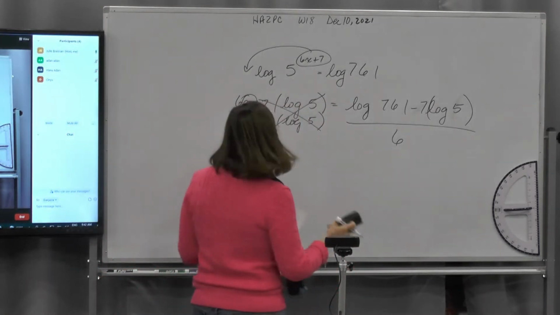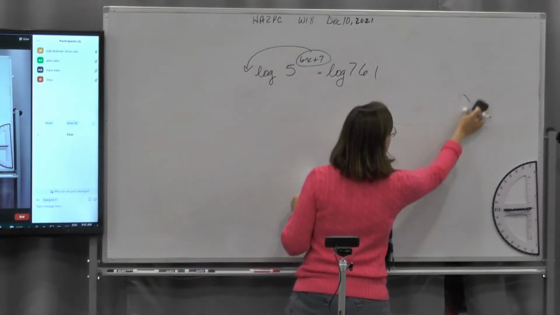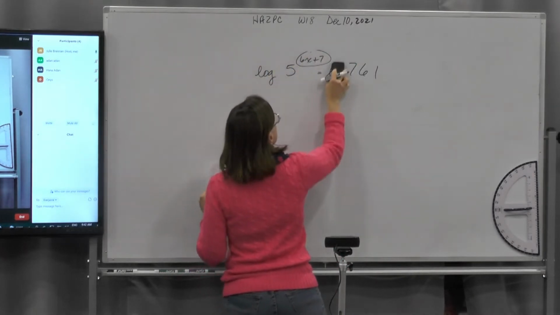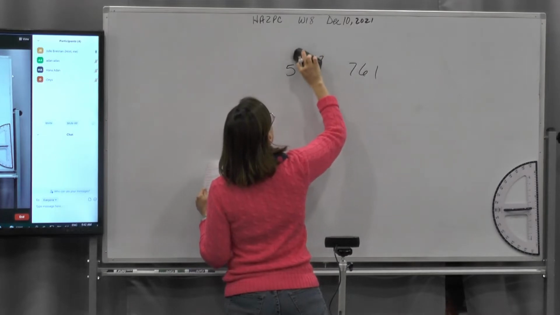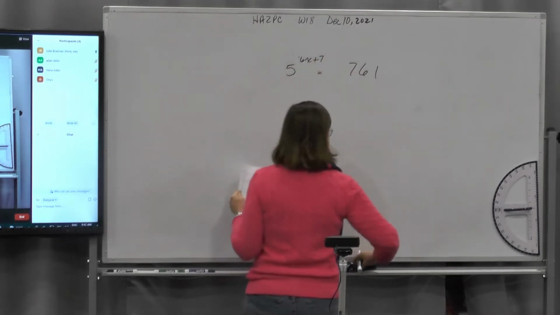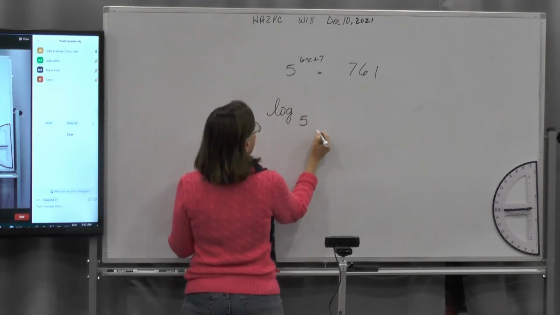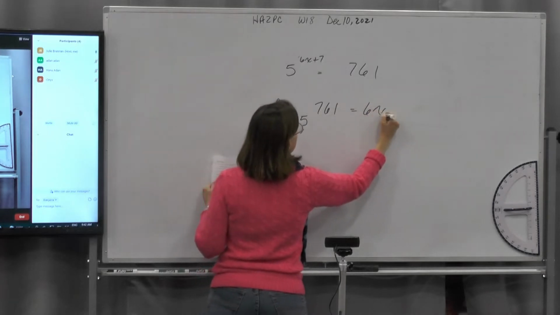And like I said, every YouTube video I've ever seen and every book example I've seen tells you to do that. But let's go back to the original. Do you see why I would prefer to say, hey, the log base 5 of 761 is equal to this?